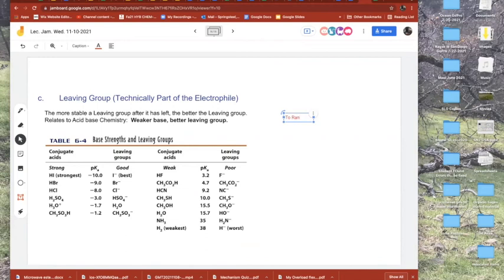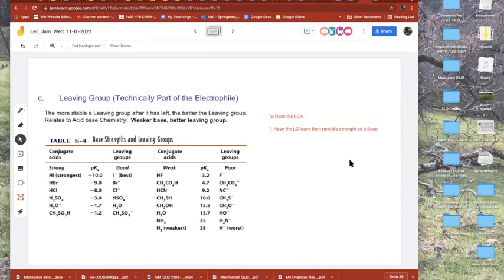To rank the leaving groups, all you do is have the leaving group leave, then rank its strength as a base. So we've done that before. We've ranked bases, right? And then we predicted their acid strengths based off them. So this is not new to us.